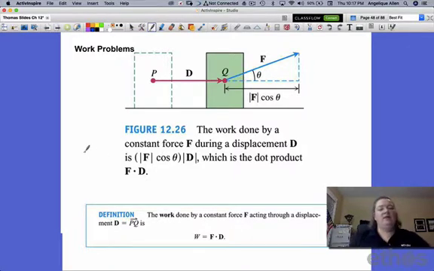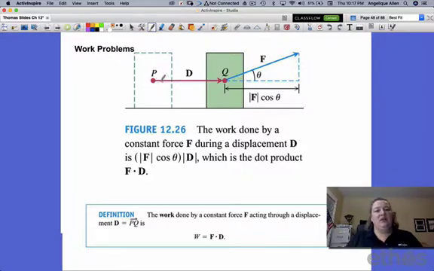Okay, so our first application, I'm going to talk about work. We've got a rectangular object here, and the point P, which they've drawn in the exact center of the shape for theoretical purposes.